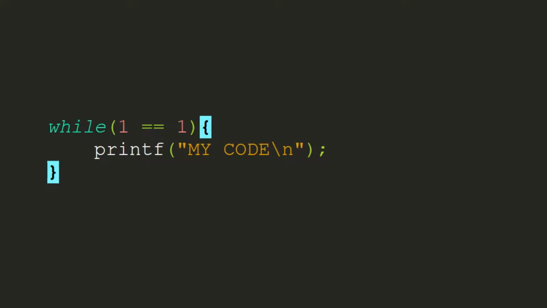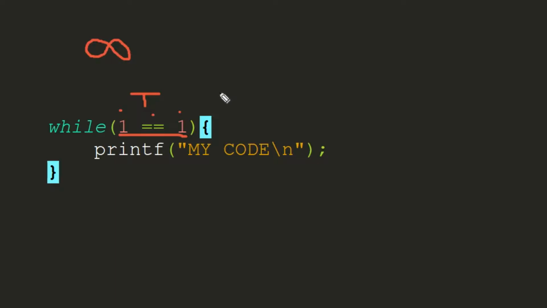Now, there's one more thing that I'd like to discuss, just one more tidbit of theory that doesn't really fit in, but basically, you have to watch out for infinite loops, and that's basically a loop where the predicate never becomes false. The most obvious example would be 1 equals 1. So that is always true because we have a set value and we're comparing it to the same set value.